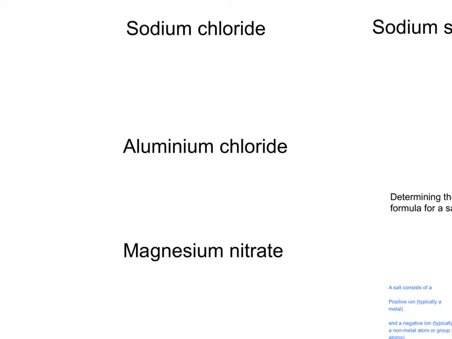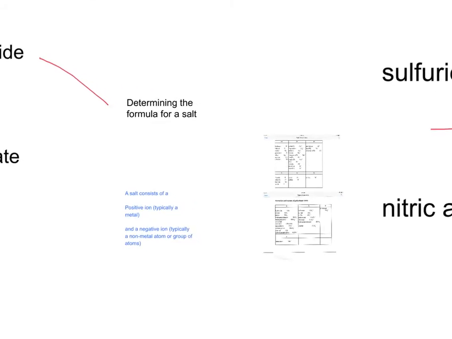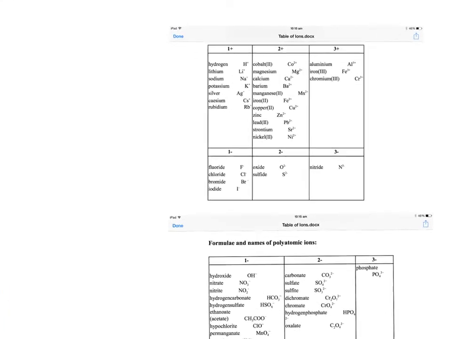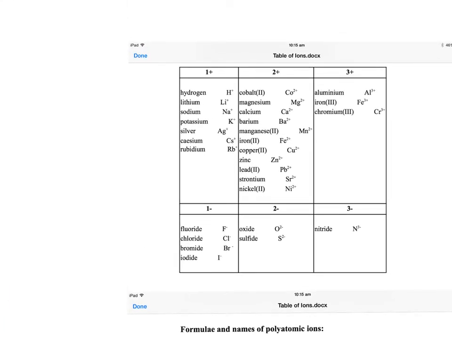First off, here is sodium chloride, and in order to generate a formula, it's best to look at your table of ions. So for sodium chloride, let's find sodium in the table of ions. If I look very carefully, here is the sodium ion, Na+.